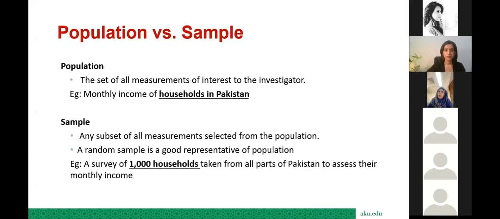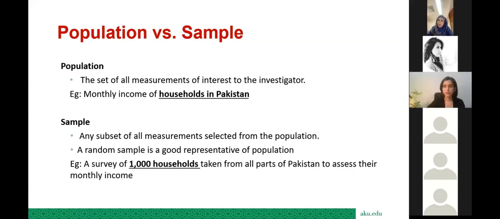The set of measurements of interest to the investigator, for example, the household income in Pakistan, is known as a population. However, if you just survey 1,000 households' income from all parts of Pakistan, that will be your sample.